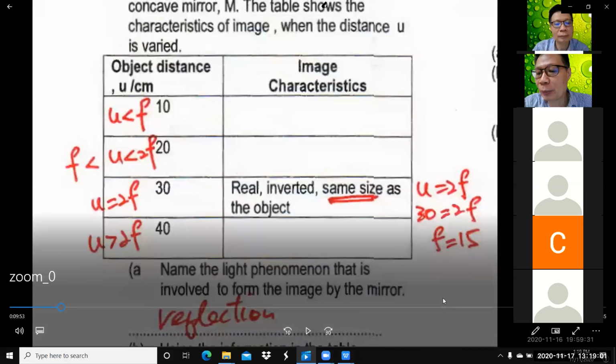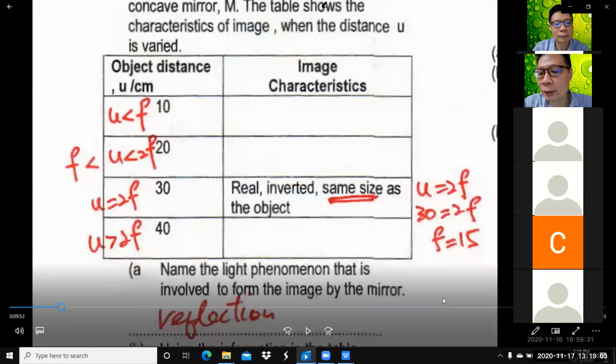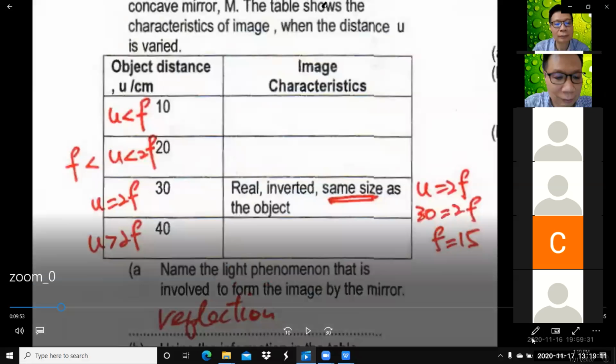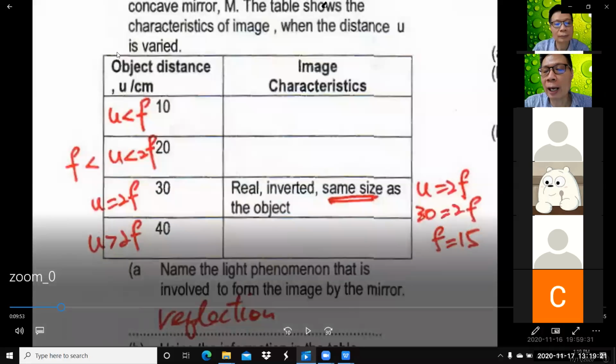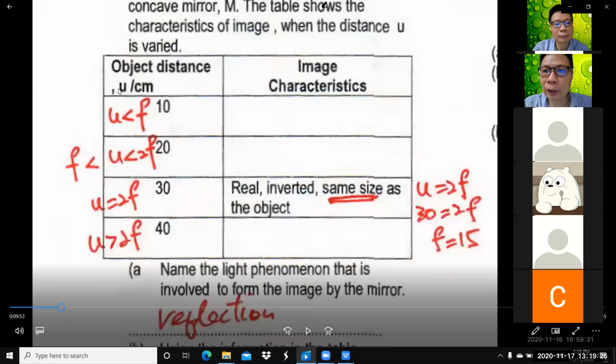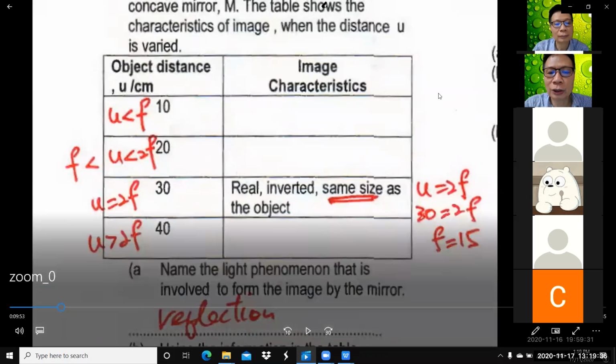Okay, let us question now. Dennis, can you come out, please? Dennis is not there. Ho Wan Yin, can you come out, please? Yes, sir. Can you answer my question now? How does a mirror form image and how does a lens form image? How does a mirror form the image?